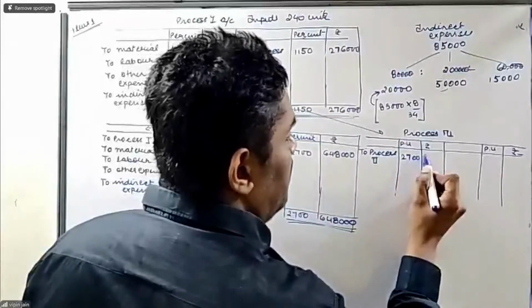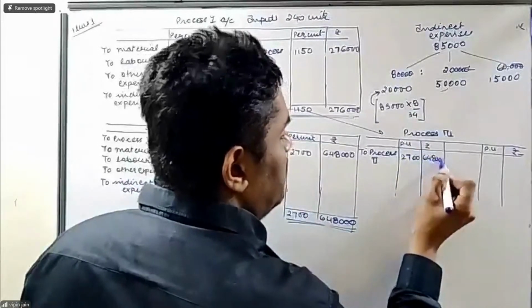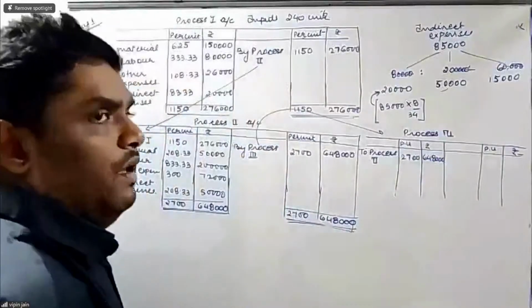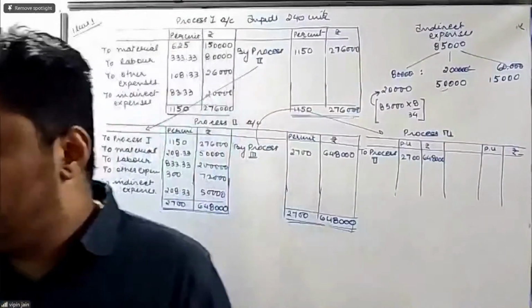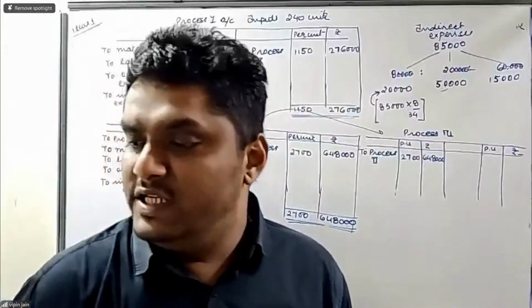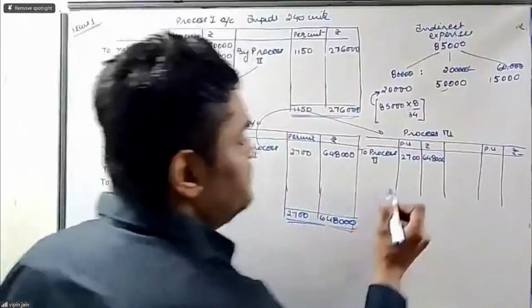2,700 and 6,48,000. Now we'll write the additional cost, that is material, labor, other expenses, and indirect expenses.